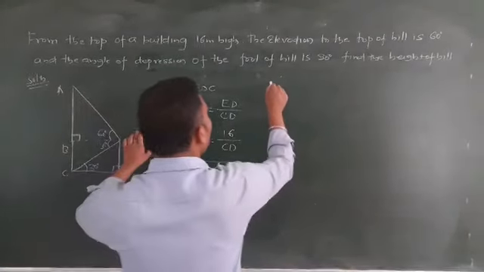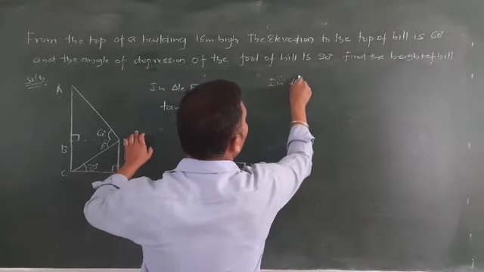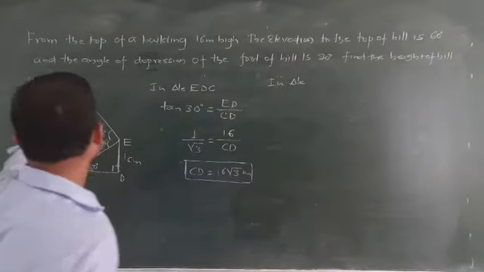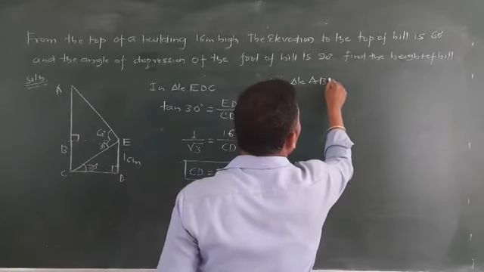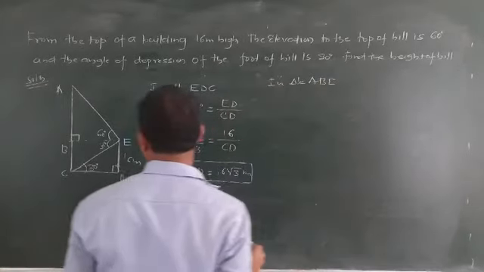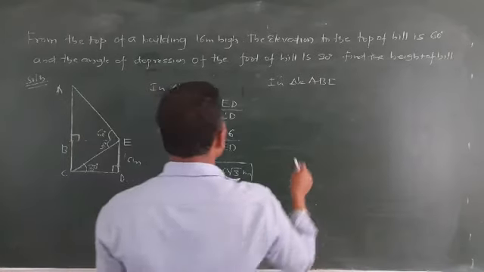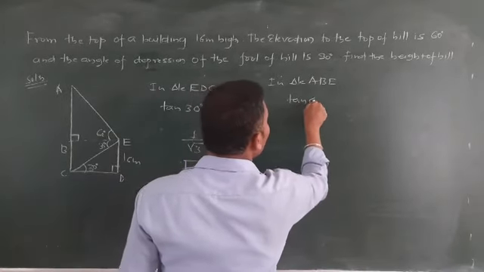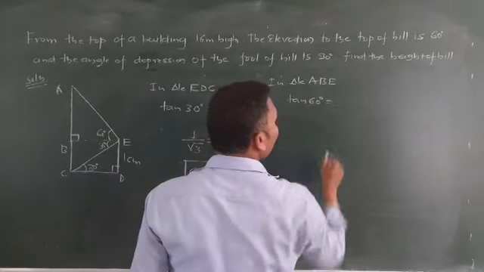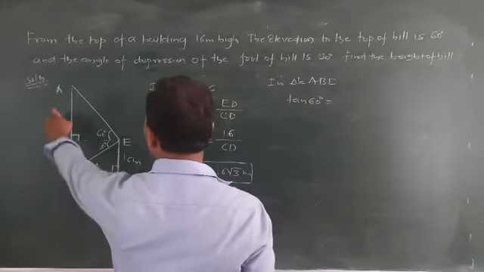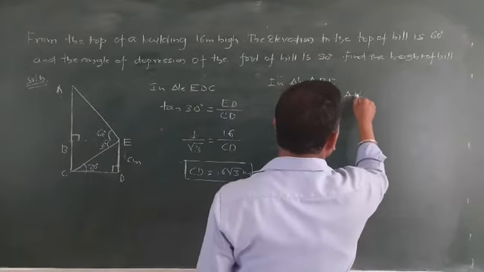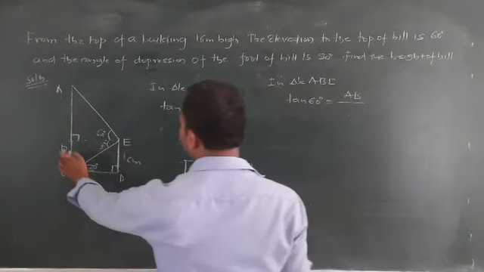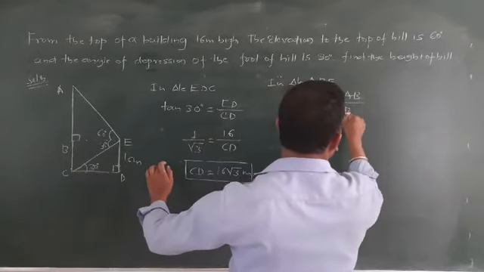Now next we have one more triangle. In triangle ABE, in this triangle ABE, again we will apply tan of 60 degree. Once we apply tan of 60 degree in ABE, again it is AB by BE.